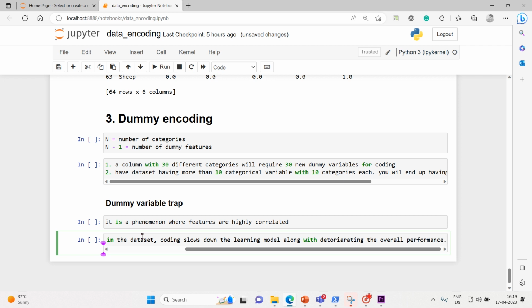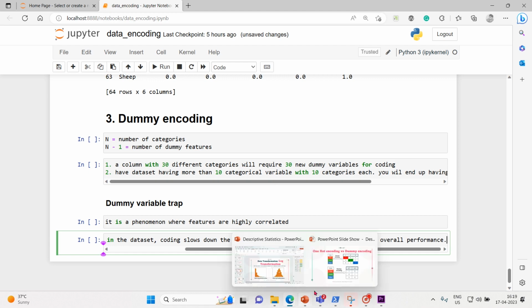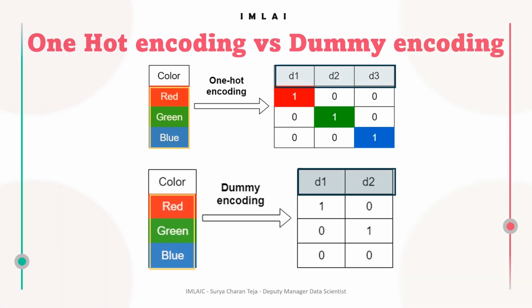Further, while using tree based models, these encodings are not an optimum choice. So that's dummy encoding for us.